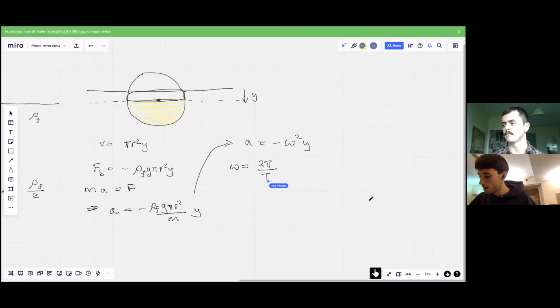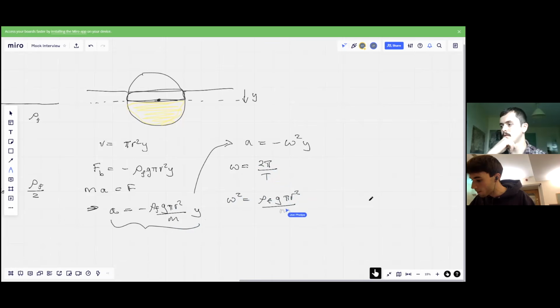So what I can do is read off from here what my omega squared has to be. So that constant in front of our y is our omega squared, which is rho f g pi r squared over m.